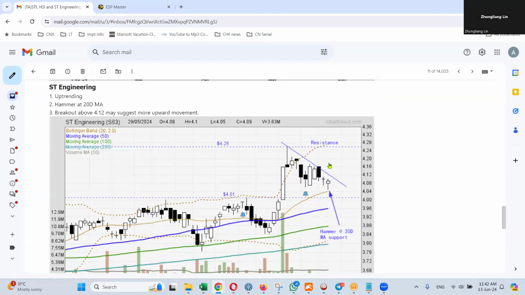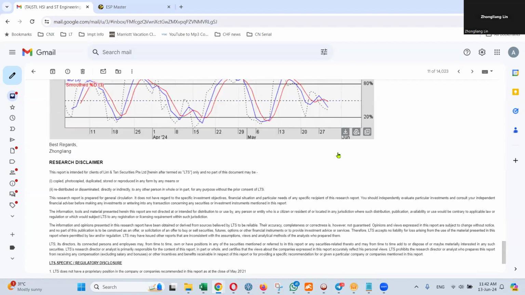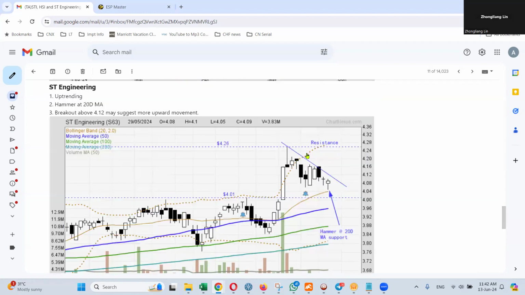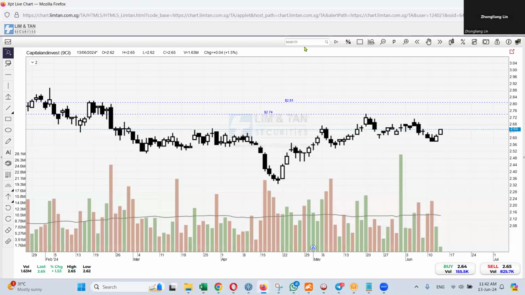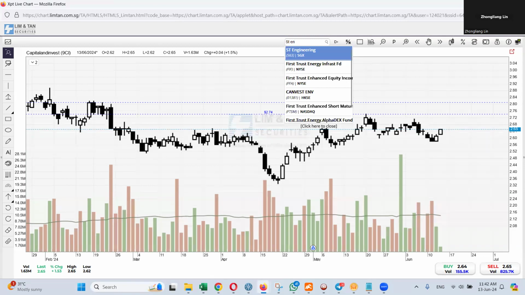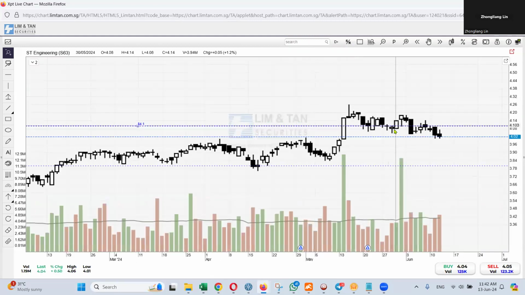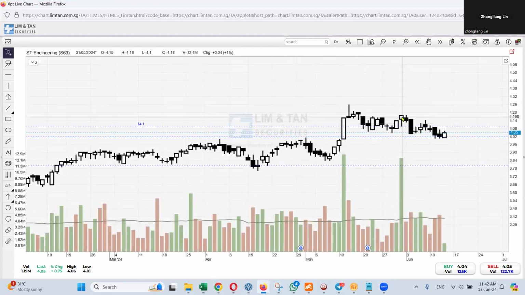And we look at ST Engineering, potentially moving up. But of course, 426 resistance, did it hit? That's the question that we are going to find out. So ST Engineering, the hammer saw a rebound, but it went as high as 418. Then it pulled back down to retest a low, and holds at the support range.